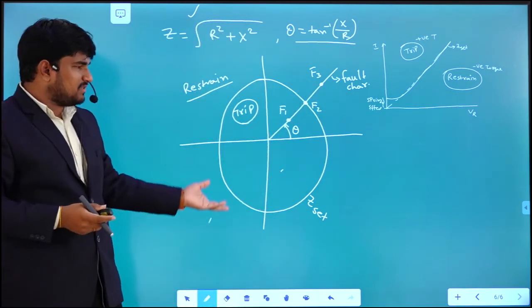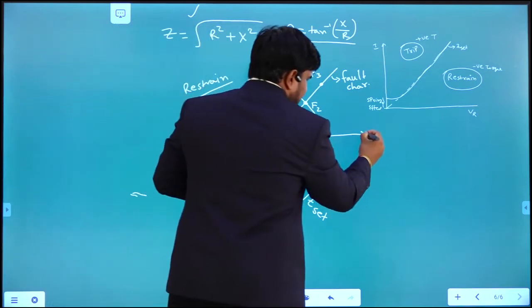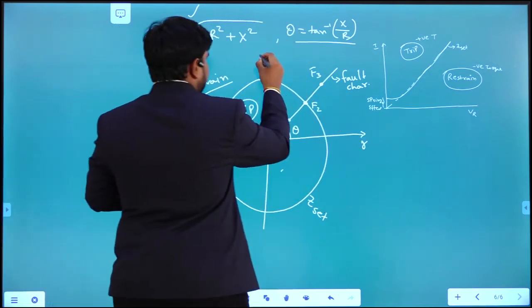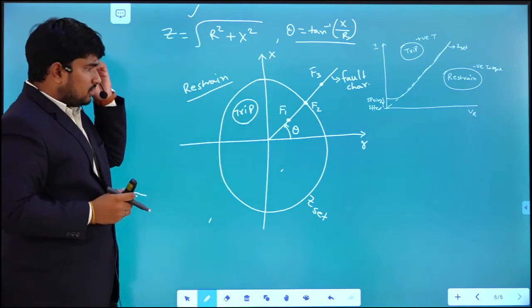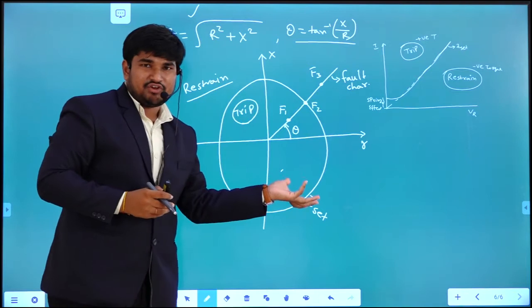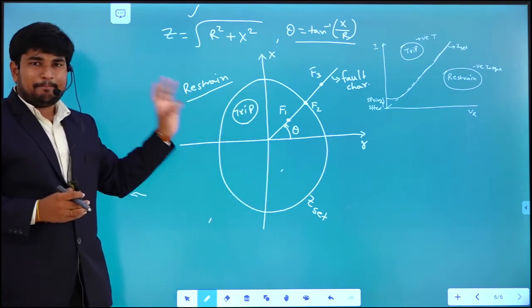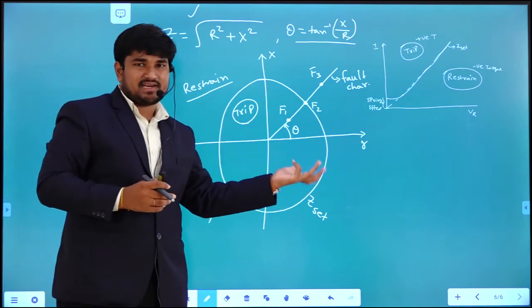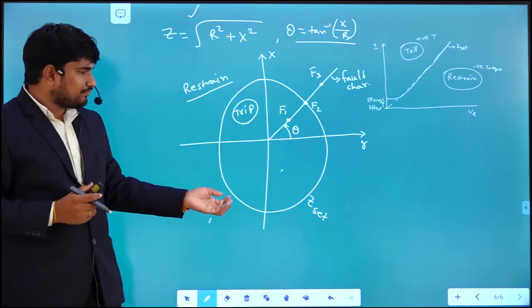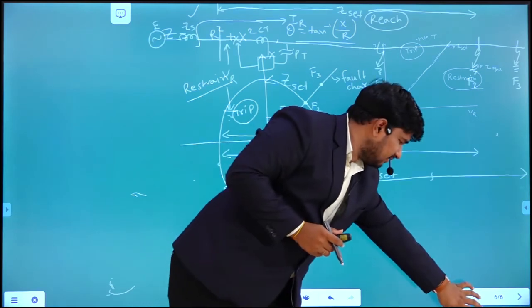Now you can observe how simple it is. It is the Rx plane, resistance and reactance per kilometer. If you observe these characteristics, we can easily understand the characteristics of impedance relays.